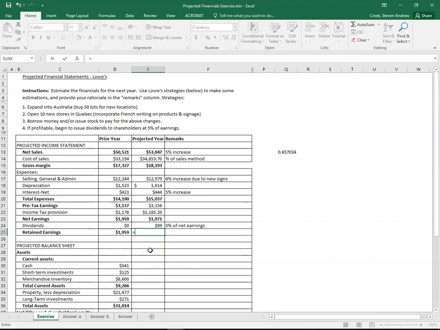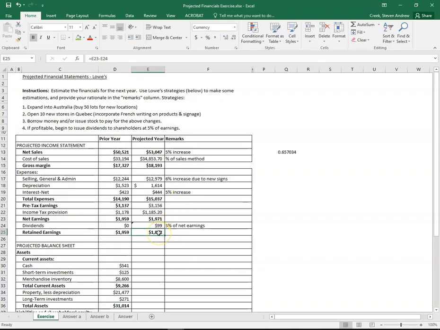Subtract those out and we have our retained earnings, and then we'll be done with our projected income statement. So projected year, the first year after we implement our strategies, we're saying retained earnings is likely to be 1872.